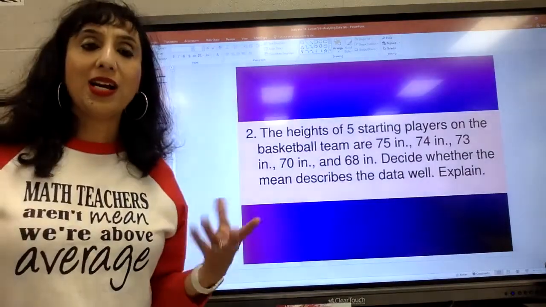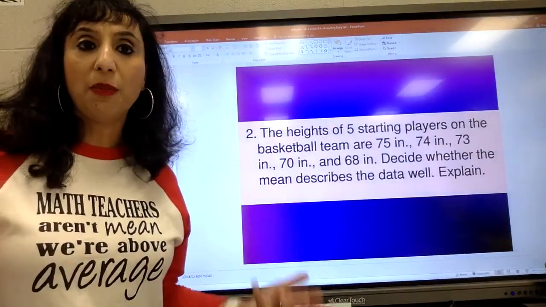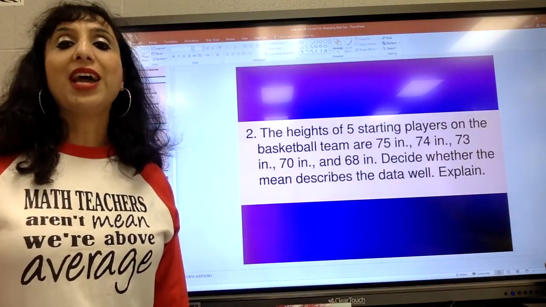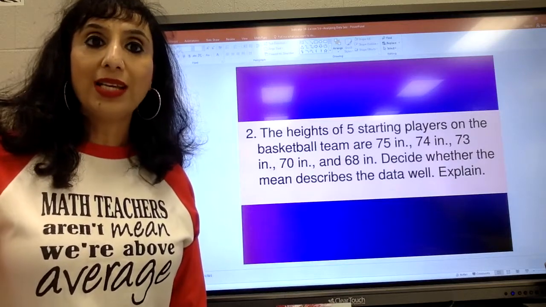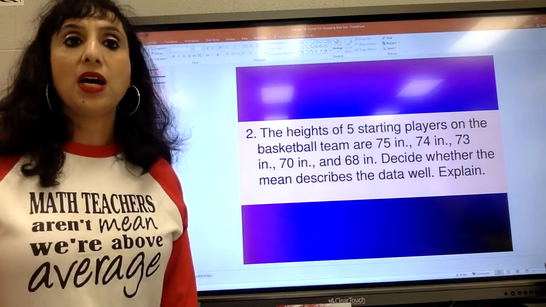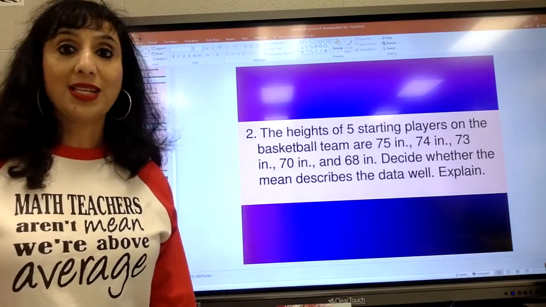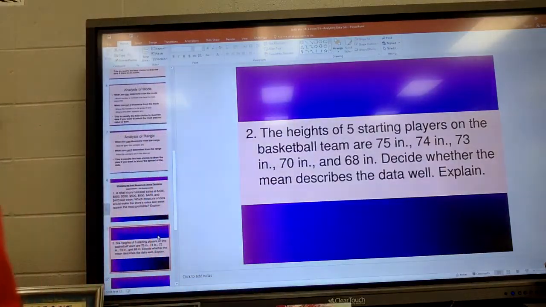Okay, so that is why, because they are clustered together, they are not that far apart, there are no outliers really. So because of that, yes, when there are no outliers, mean is the best thing to use to analyze the data. So yes, it does describe the data well. Okay.